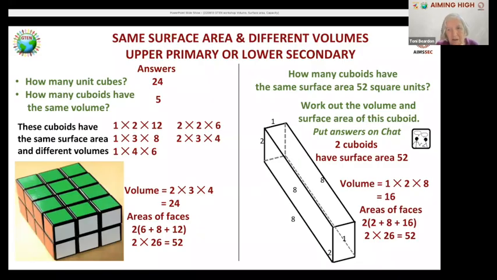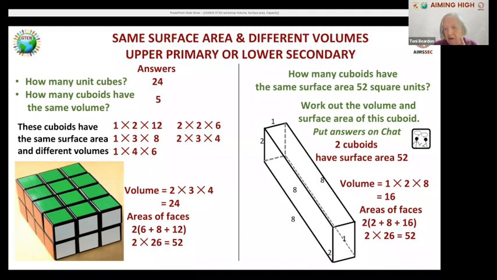Did you work out that the volume of this cuboid, 1 by 2 by 8, is 16 cubic units, and the faces are 2 square units, 8 square units, and 16 square units.